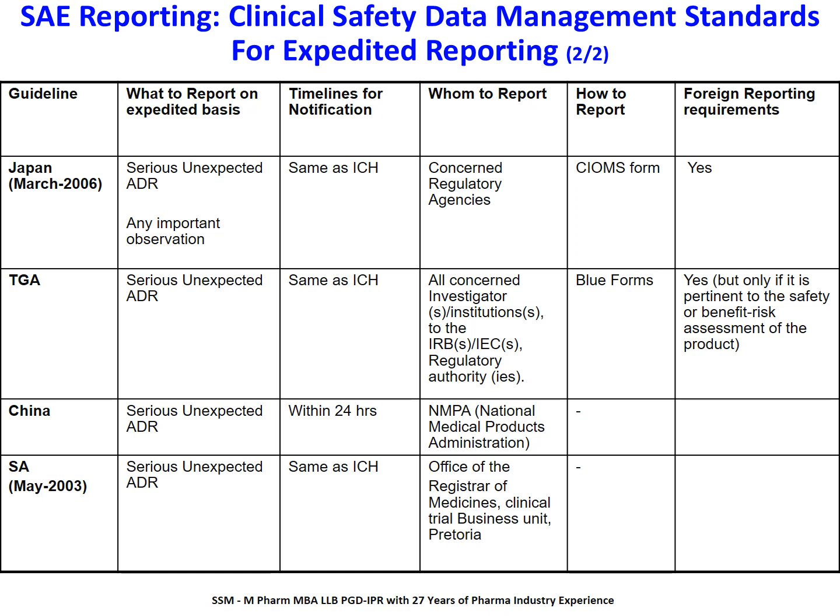In Japan also the reporting is as per ICH guidelines. Australia also reports as per ICH guidelines. In China, a serious unexpected ADR should be reported within 24 hours to the regulatory authority, which is the National Medical Products Administration. In South Africa also reporting is as per ICH guidelines.